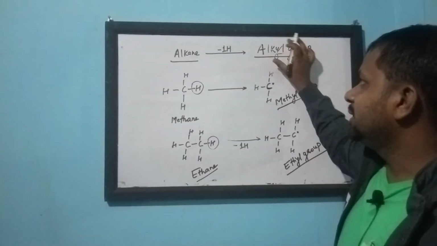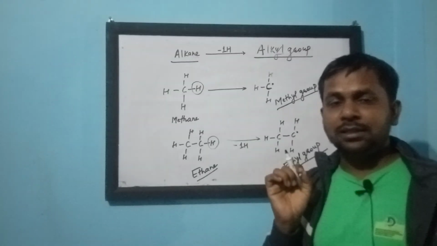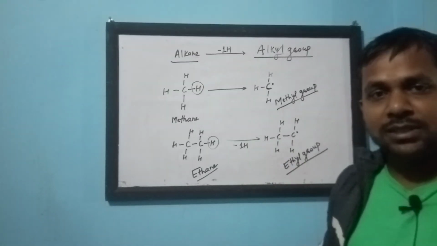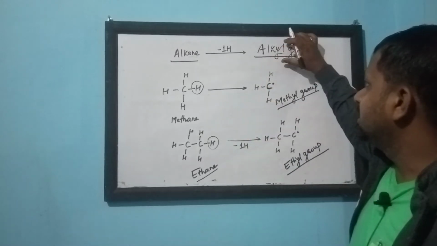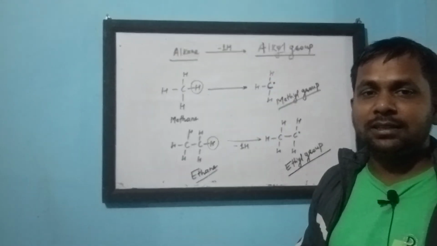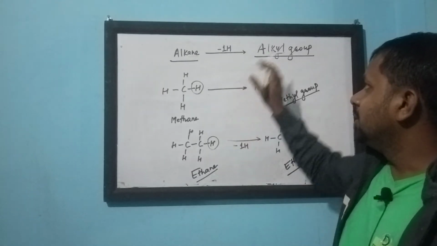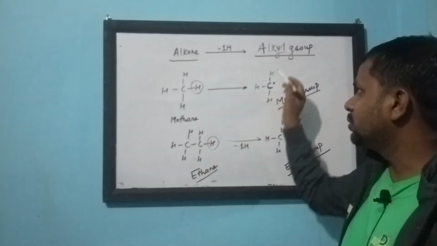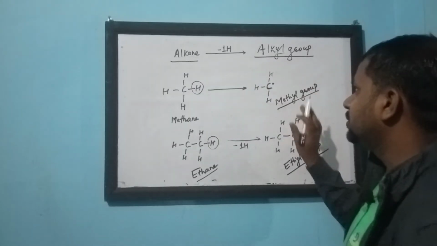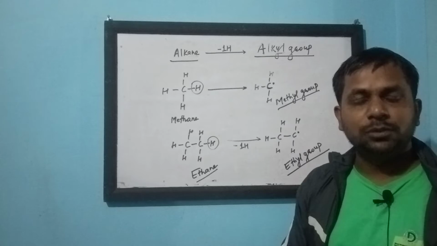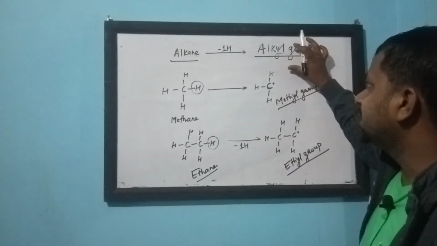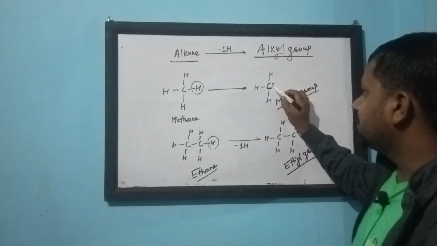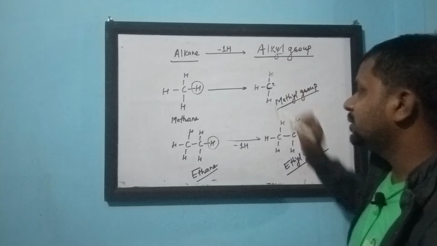These are the examples of alkyl group. I hope you are understanding this. If there is any problem, please comment. This alkyl group can be defined as when one hydrogen is removed from the alkane, the group whatever is forming, that group is called alkyl group. And this is a highly reactive group because the carbon has one valence free electron here.